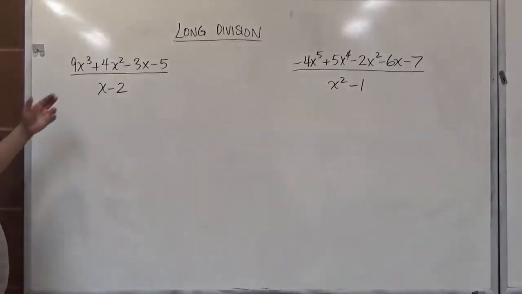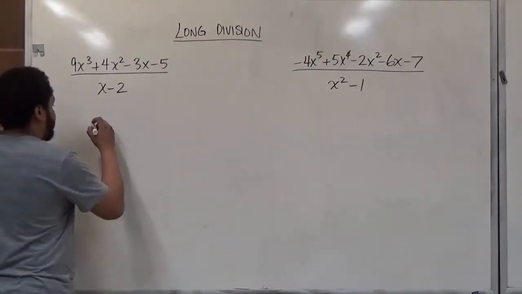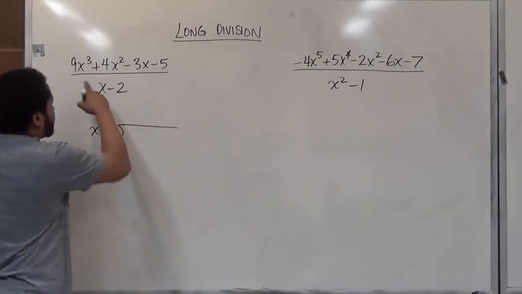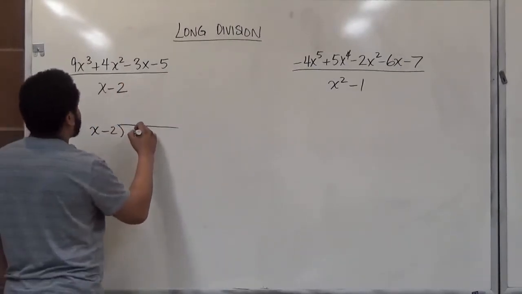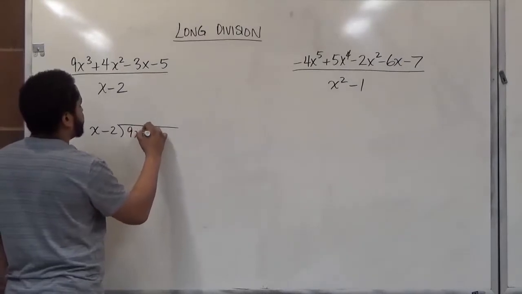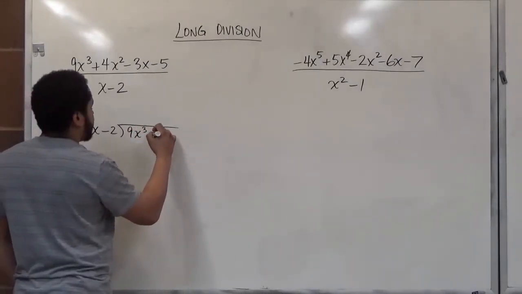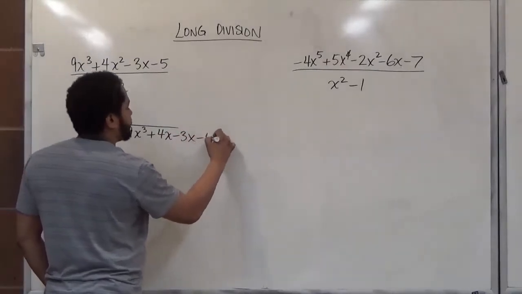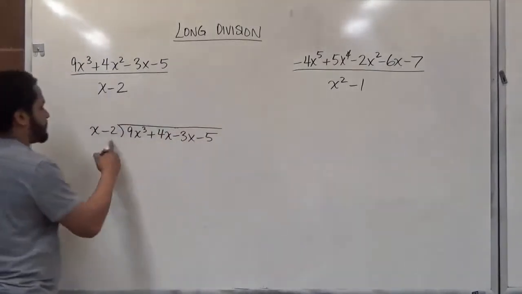So again, the denominator is the divisor. So we're going to have x take away 2. And over here, we're going to have everything else that's in the top of the numerator. So we have 9x cubed plus 4x squared, take away 3x, minus 5, and we're dividing that by x minus 2.